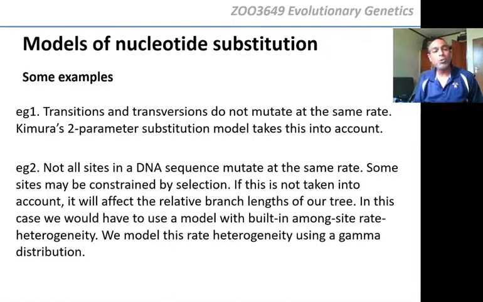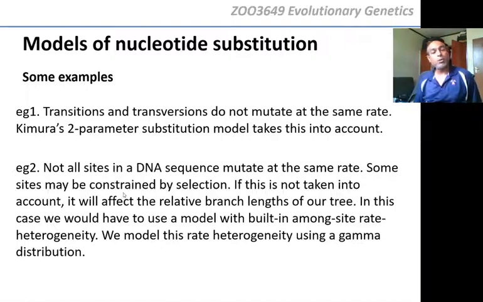Okay? So we need to say that transitions evolve at a different rate to transversions. And a simple way to do that is to use Kimura's two-parameter substitution model, which takes this into account. It gives transversions a different rate to transitions.